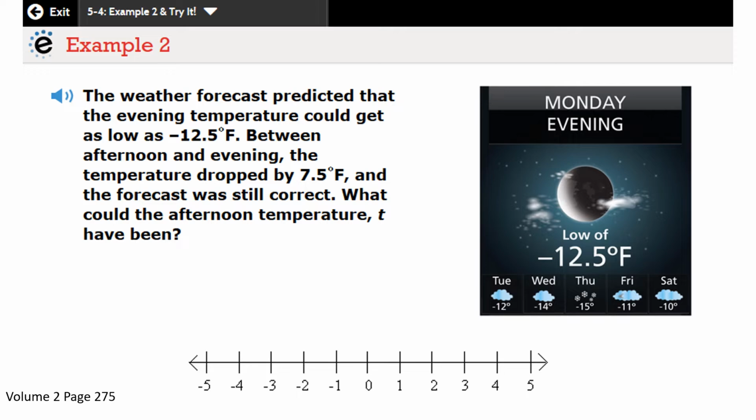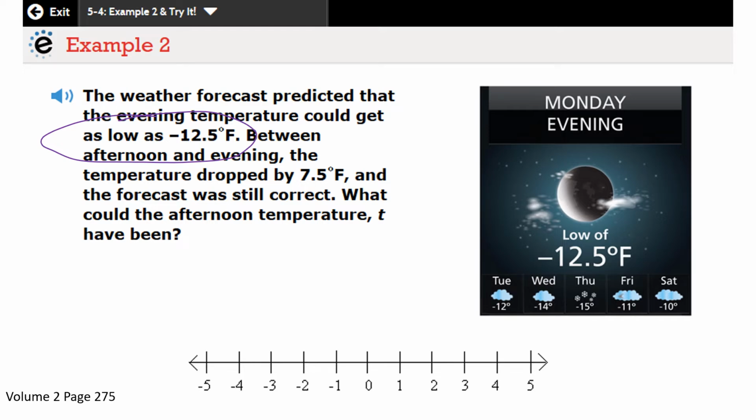In this, one thing I always look for is, what is my inequality going to be? Is it going to be greater than, less than, greater than or equal to, less than or equal to? The information we're given is that the temperature could get as low as negative 12.5 degrees.